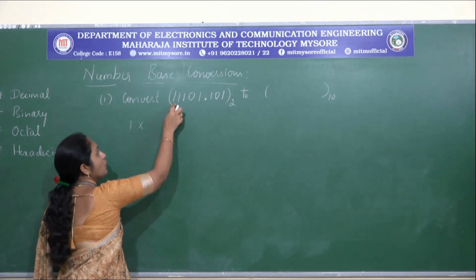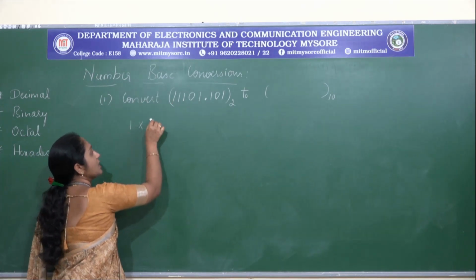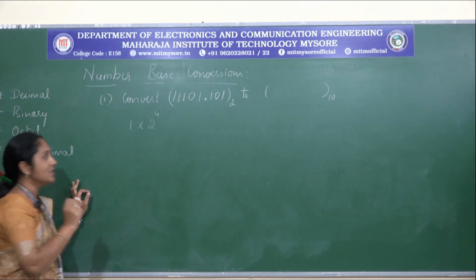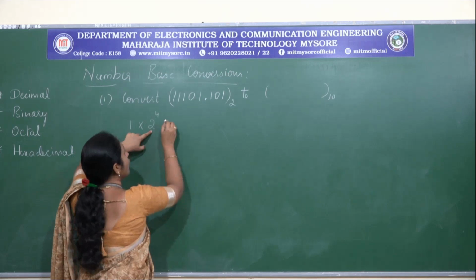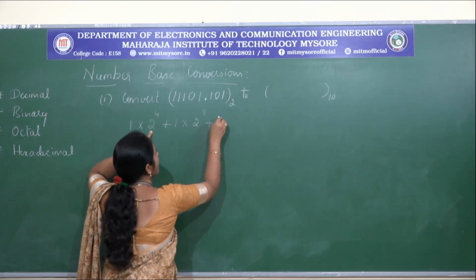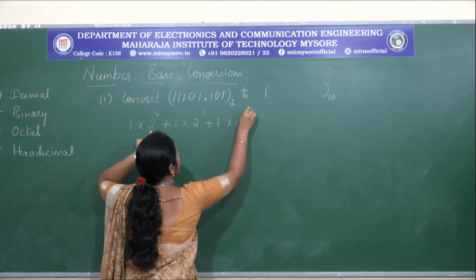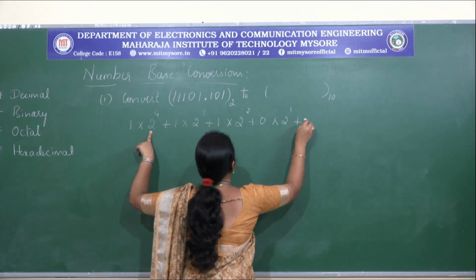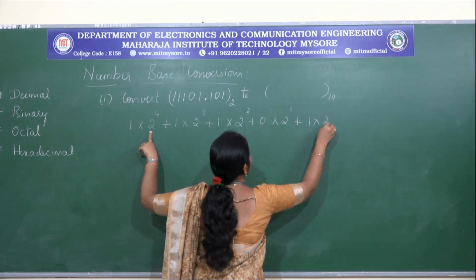Therefore, for this first bit 1, I am considering 2 power 4 because I have 5 digits. 1 into 2 power 4 plus 1 into 2 power 3 plus 1 into 2 power 2 plus 0 into 2 power 1 plus 1 into 2 power 0.